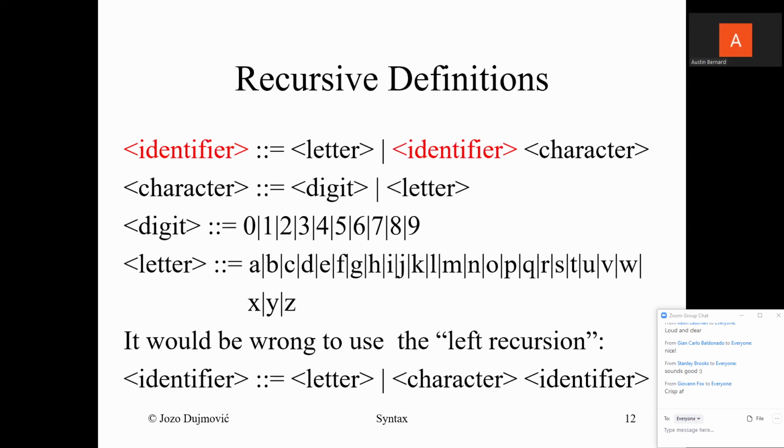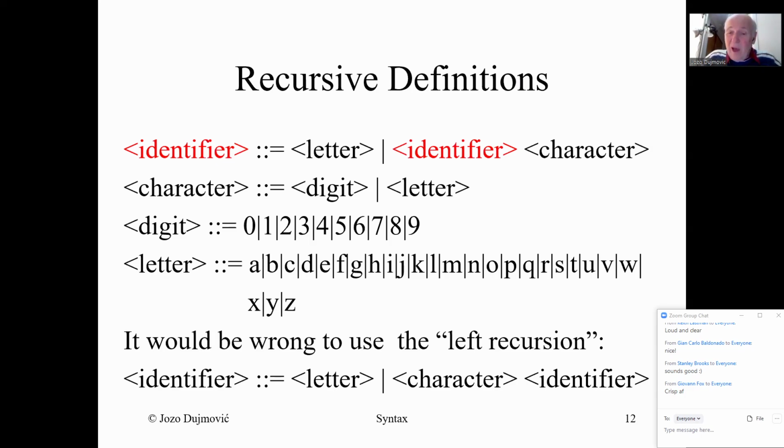So this is why this definition is wrong, because it gives you the possibility to build your identifier by putting characters in front of previous identifiers. If you have identifier, for example, ABC, you can put in front of it any character.